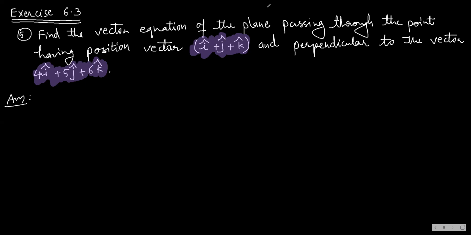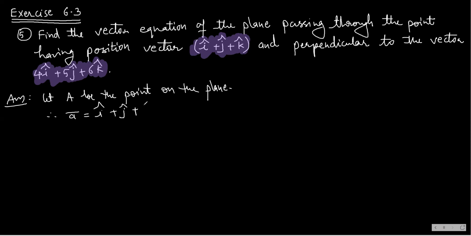First thing I do is I write, let A be the point on the plane. Therefore, this is the position vector of point A, and hence that is A bar. So I will write, therefore A bar is I cap plus J cap plus K cap. Got that?